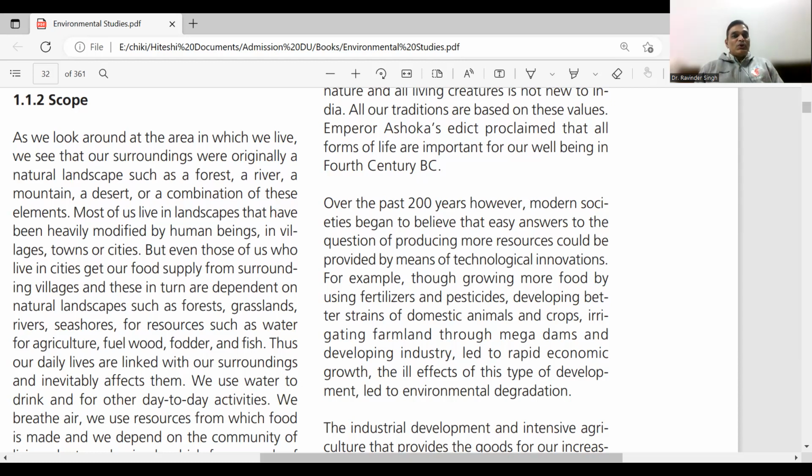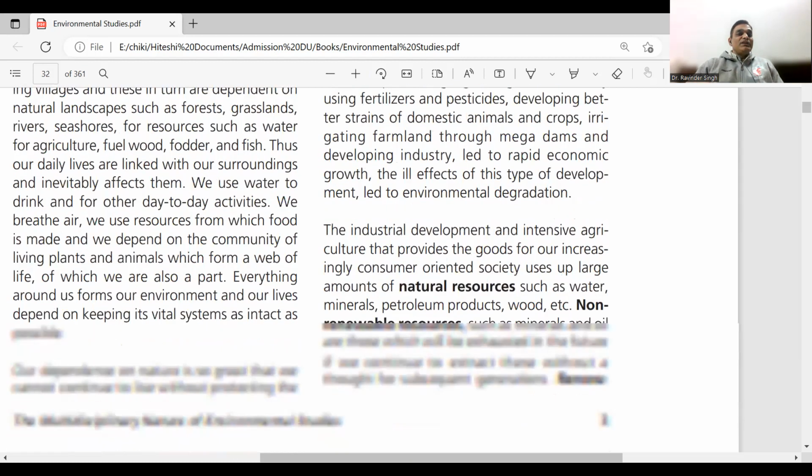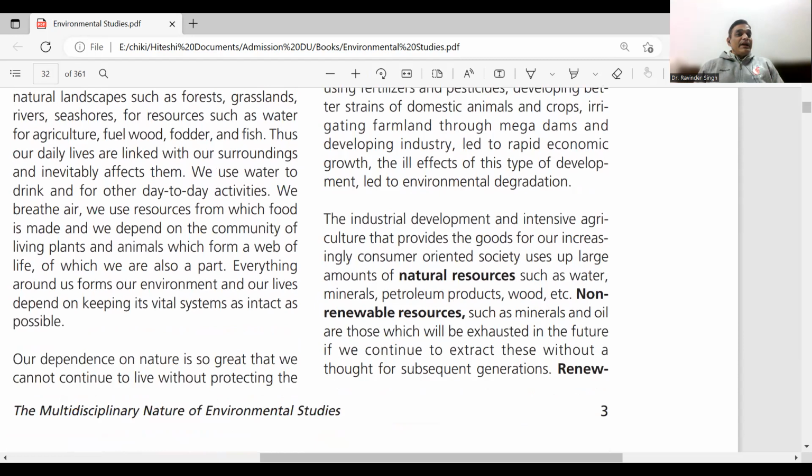But even those of us who live in cities get our food supply from surrounding villages, and these in turn are dependent on natural landscapes such as forests, grasslands, rivers, seashores, for resources such as water for agriculture, fuel wood, fodder, and fish. Thus, our daily lives are linked with our surroundings and inevitably affect them.